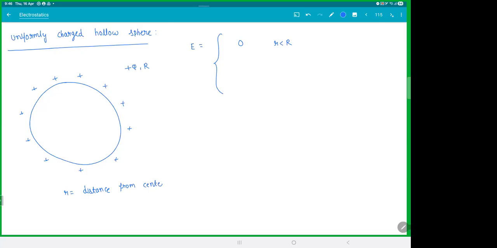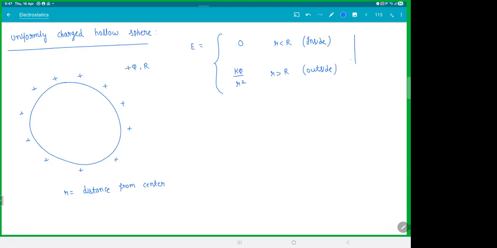Spheres are very interesting shapes. But outside, it behaves like a point charge at the center, kq by r square for r greater than R. So this is inside, this is outside. That means if Earth was actually hollow and someone throws you inside, you will just float inside.